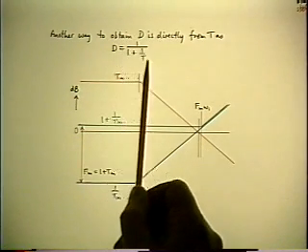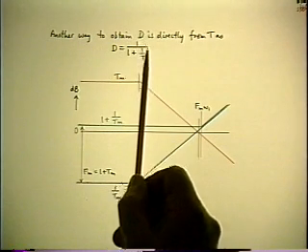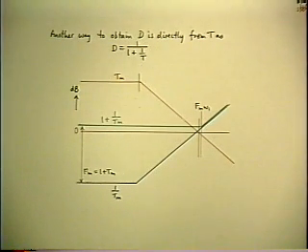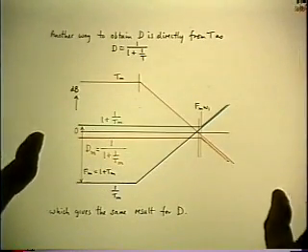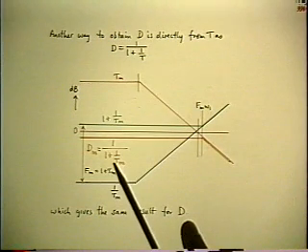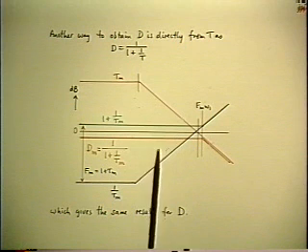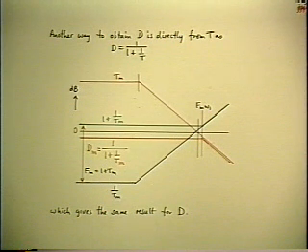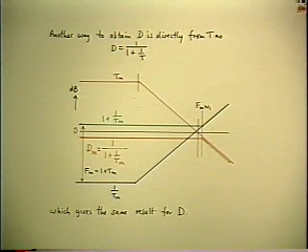That's the denominator of D. So to find D, I have to take the reciprocal of that, which is another vertical inversion. So the orange line is the vertical inversion of the green line, and that's D. And of course, that's the same answer we had before. It's just arrived at by a different process.